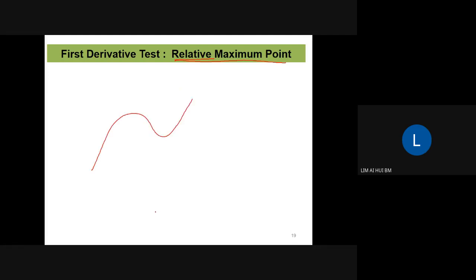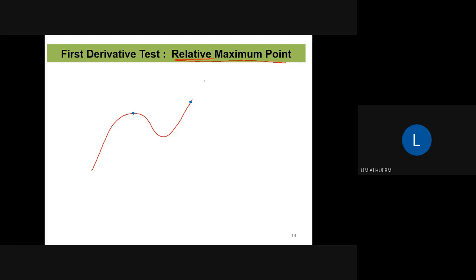Okay, this curve. Can you tell me where is the maximum point? Okay, some of you may say this is the maximum point. Then some of you will say, okay, no, this is not the maximum. Here, I have a higher point, which is higher than this point. So I call this a maximum.